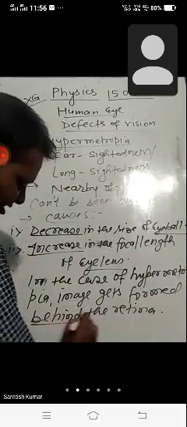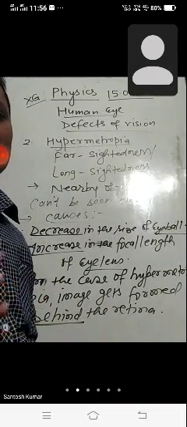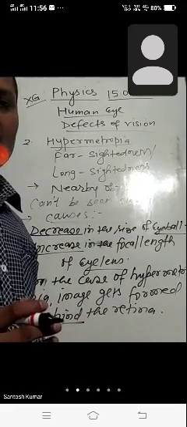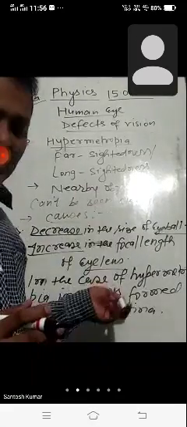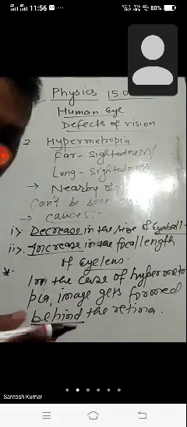Just see this term, underline the words which are just opposite, that will help you to compare. If you are writing hypermetropia, you can also write while keeping myopia in mind. You just have to reverse the order: behind, in front of.